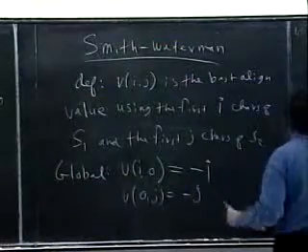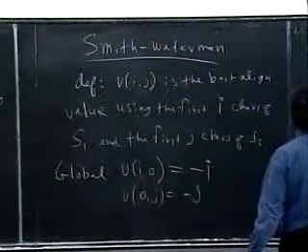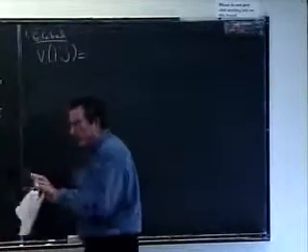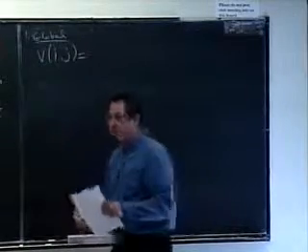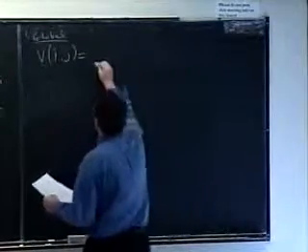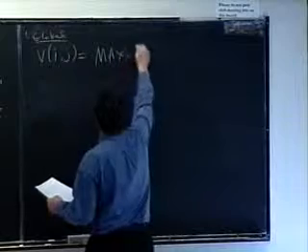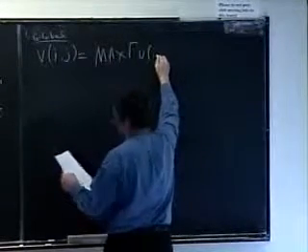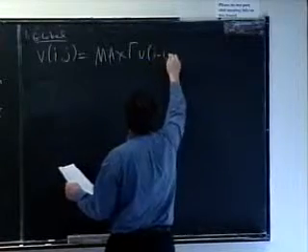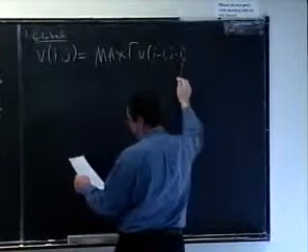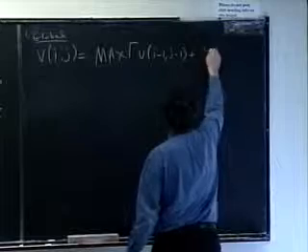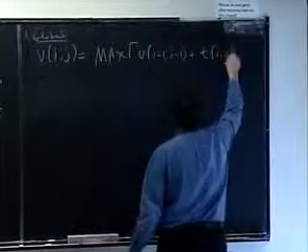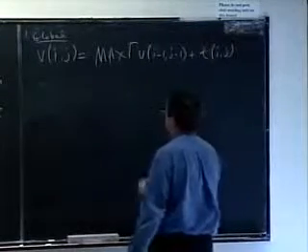Then in general, Vij, and again, this is going to be for global. I want you to be sure to keep these distinctions clear. Vij is the best thing you can get. It's the max over V i-1, j-1 plus Tij.